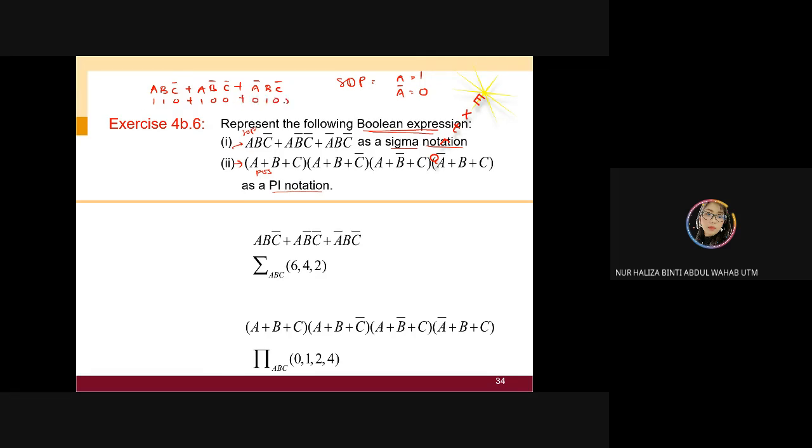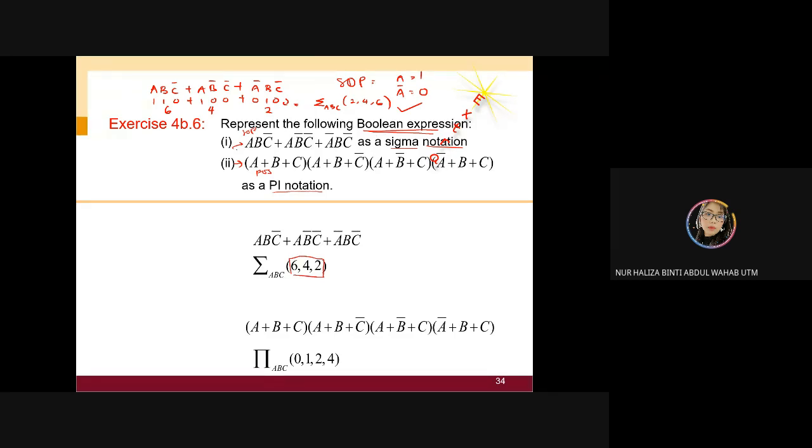I convert my binary to decimal: this will be 2, this will be 4, this will be 6. So when I use sigma notation, I put A, B, C because I have these three variables, and I put 2, 4, 6. Then done. It is basically similar.